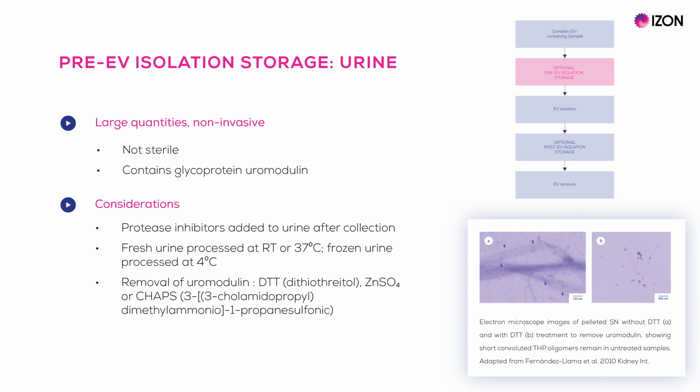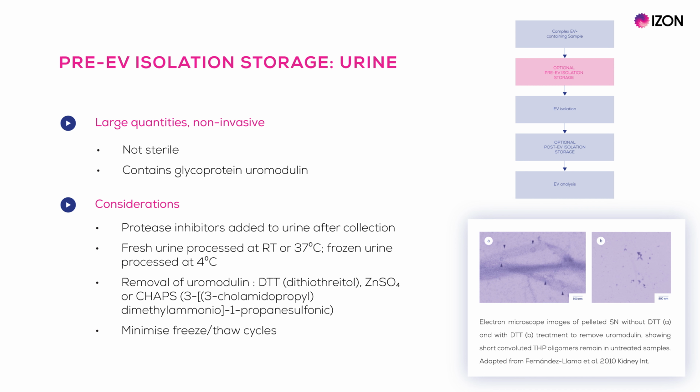For example, as shown in the figure here, the addition of DTT to cell and debris-free urine results in the significant removal of filament-looking uromodulin aggregates. Other methods include the addition of zinc sulfate to cell-free and debris-free urine with consecutive steps to remove uromodulin. Meanwhile, others may remove uromodulin by adding detergents like CHAPS to the final EV preparation.